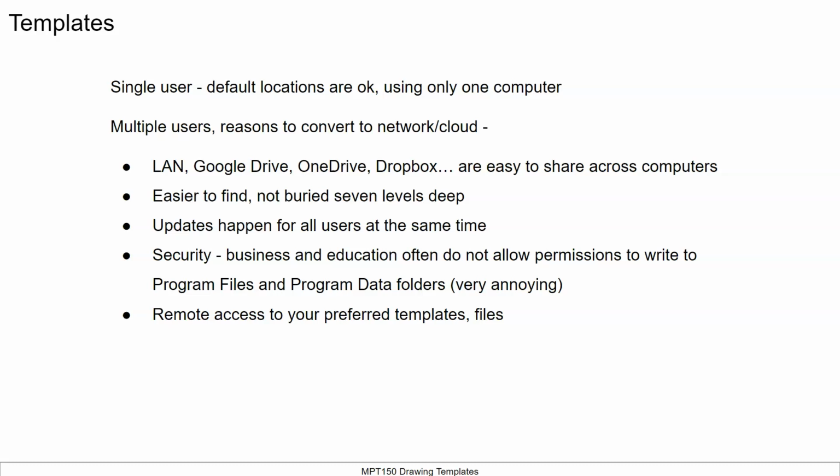Easier to find, that when we create these folders on the cloud drive, they're not buried several levels deep. Updates happen for all users, so in our group of 8 or 9 people, if we find something in one of the templates or need to make an adjustment, I update it, and next time everybody goes into it, they're using the most current.